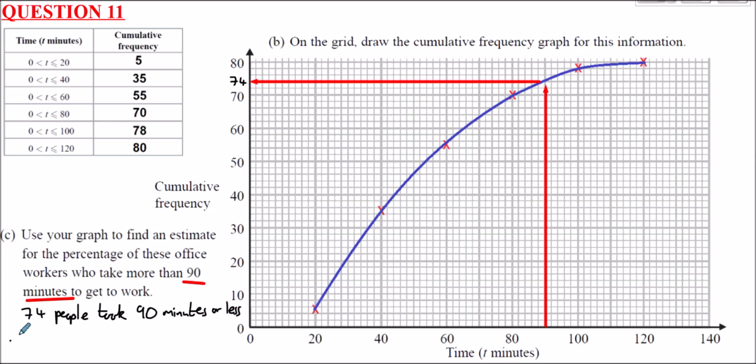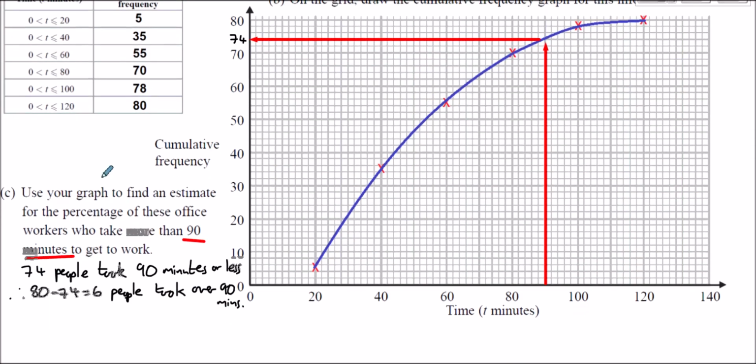Therefore, because there's 80 people in total, 80 minus 74 equals 6 people took over 90 minutes. So 6 people, we need to do this as a percentage, remember.